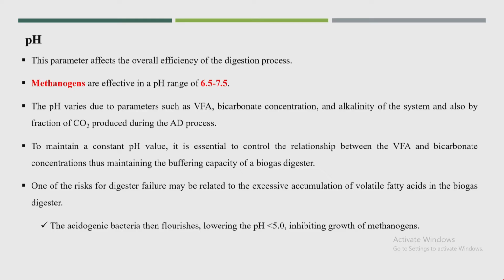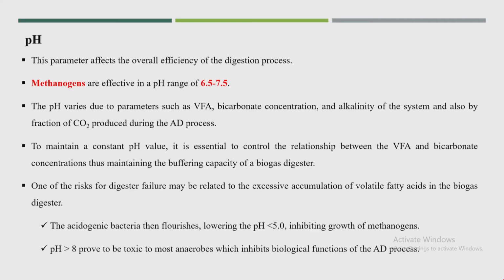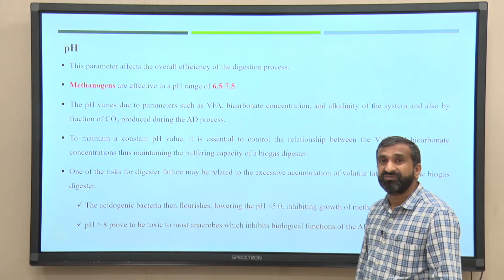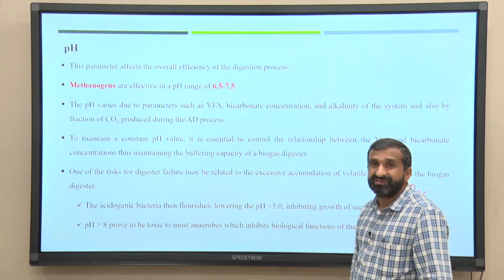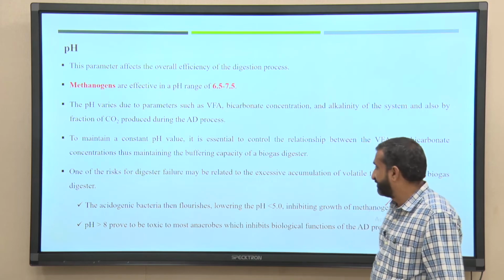The acidogenic bacteria then flourish at this low pH, lowering the pH to 5 and inhibiting the growth of methanogens. In this case the major gas produced will be carbon dioxide, not methane, and you know that if the carbon dioxide percentage is more than 44%, it will not be a combustible gas.